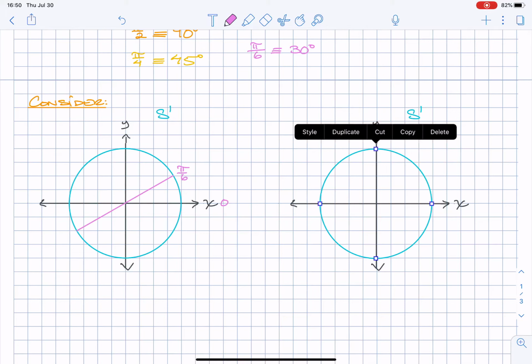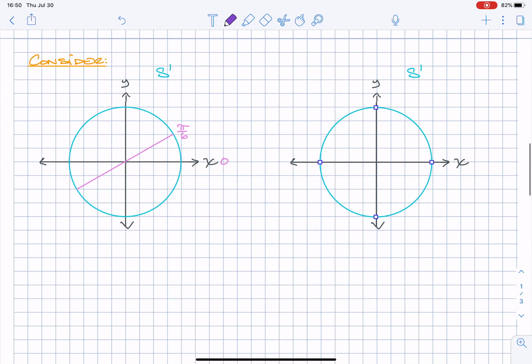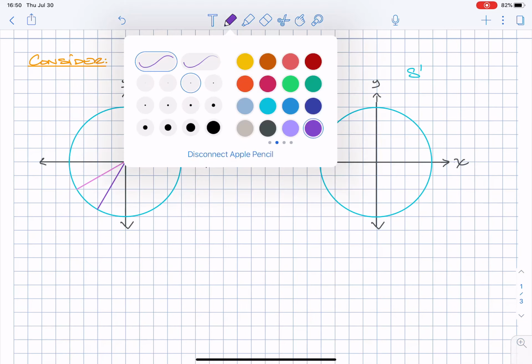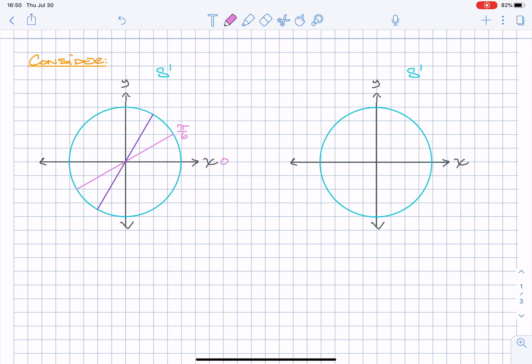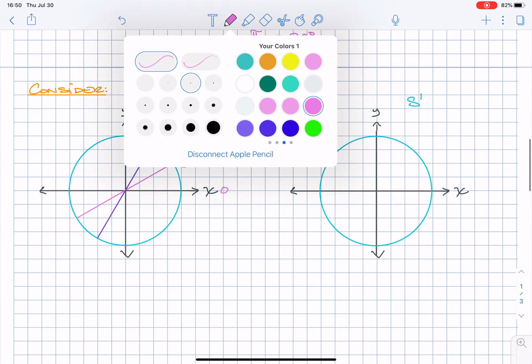Now if I add another 30 degrees, so let's say I have 2 times pi over 6. Well, 2 times pi over 6 is how much? That's pi over 3, right?